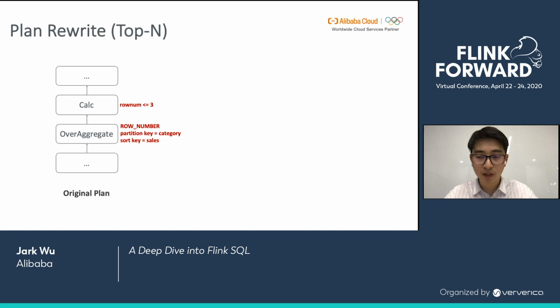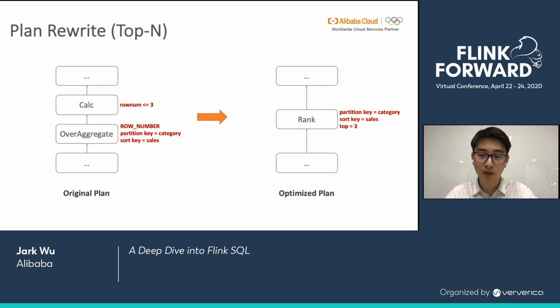Once such a plan pattern is found, the optimization rule will convert the over window and the condition into a dedicated rank operator. The rank operator can be quite efficient, which can only store the top N elements in its state and use the heap sort algorithm to update the result. And in production, the rank operator can be as fast as a simple aggregation in some cases.